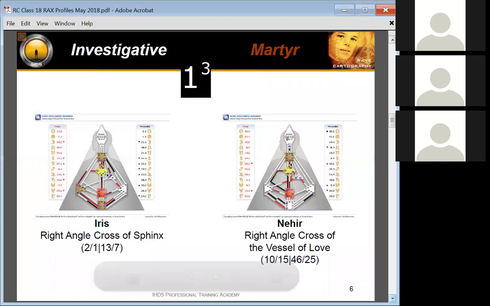Those of you that are 1-3s, I had to put you on 2 slides. So here we have Iris. Iris is coming in on a right angle cross of the Sphinx. Whenever I look at the Sphinx, it's such an interesting trident. You think of the mythologies of the past, and Neptune with its fork, standing there in all their glory with their pitchfork, and you look at the body graph, and there's the sacral life force moving right up the middle from the sacral.